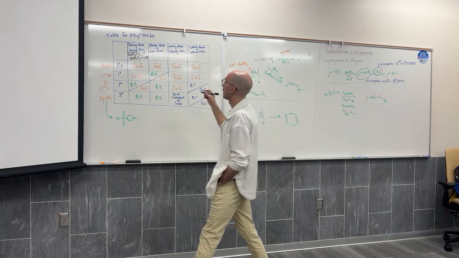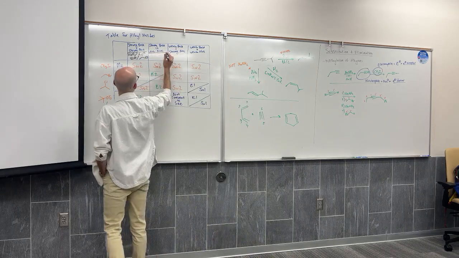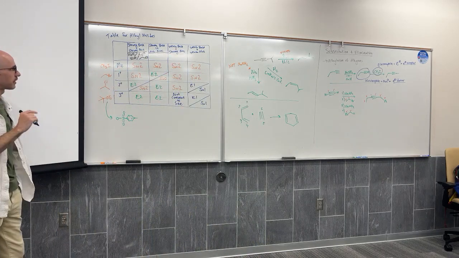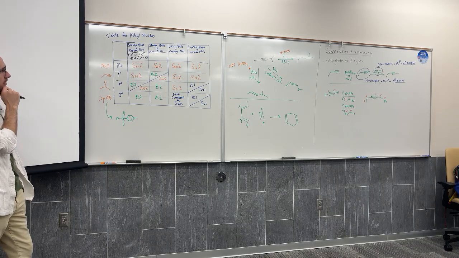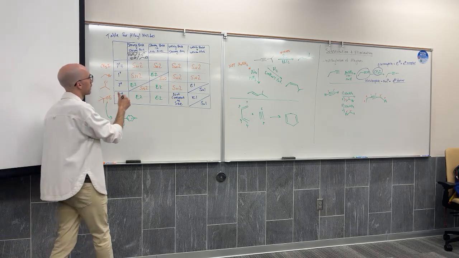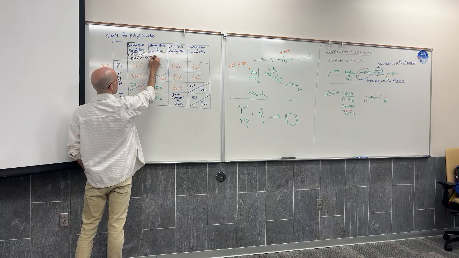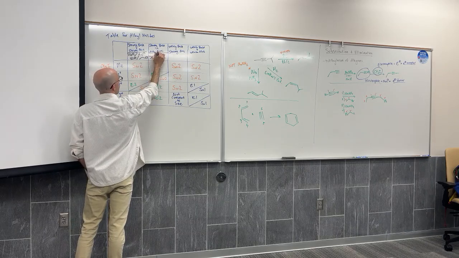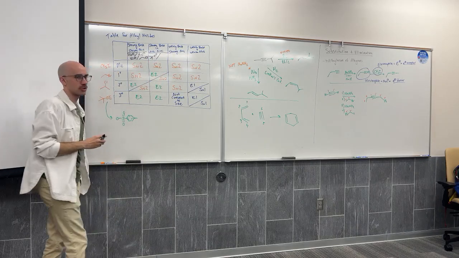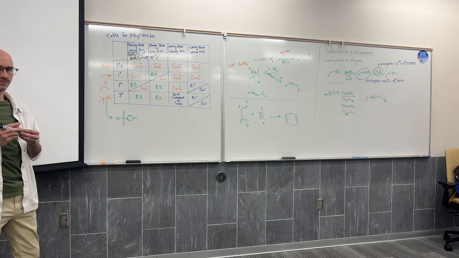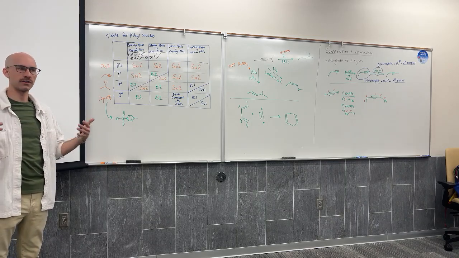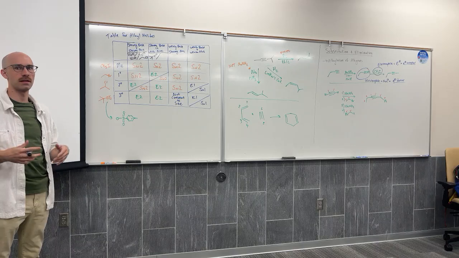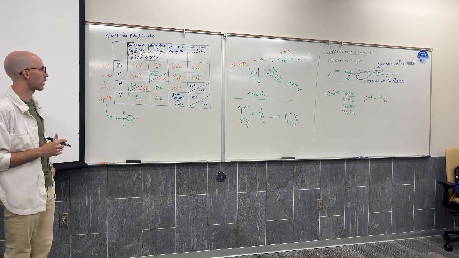There's really only one reagent that we will use this semester. Yeah, I guess there's two reagents here that are considered strong bases, but weak nucleophiles. One of them is tert-butoxide. The reason that tert-butoxide is not good at being a nucleophile is because of how much space it takes up. It's so sterically strained.